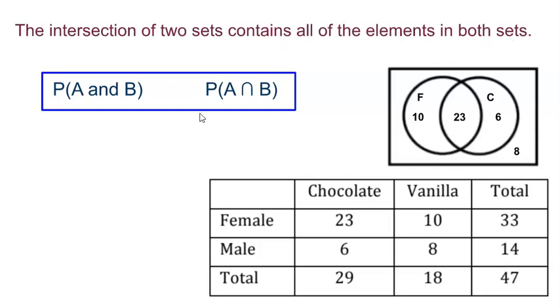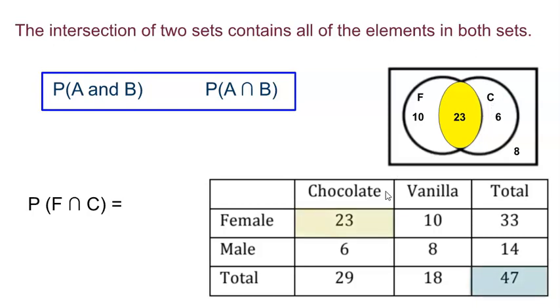Let's take a closer look at this by finding the probability that someone is female and chose chocolate. If we take a look at our Venn diagram, since one circle represents all of the female people that took this survey and another one represents everyone who chose chocolate, we can easily see that the overlap is 23. There are 23 that are female and chose chocolate.